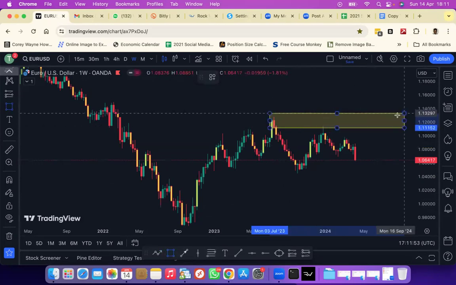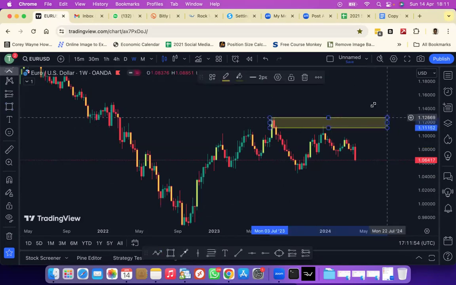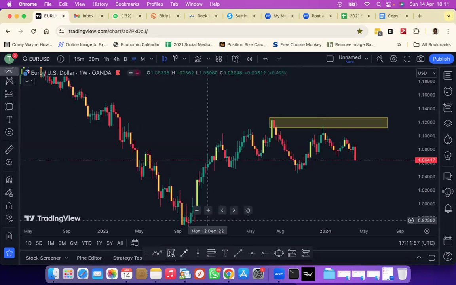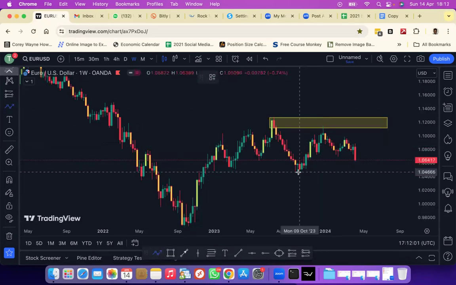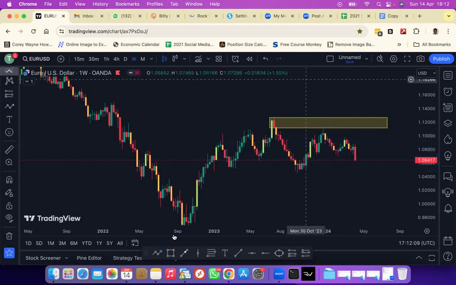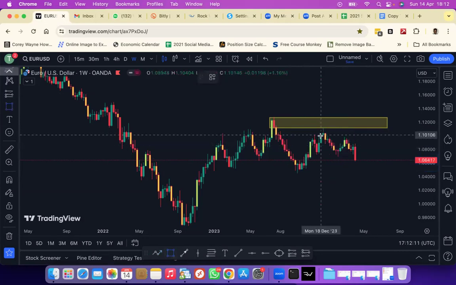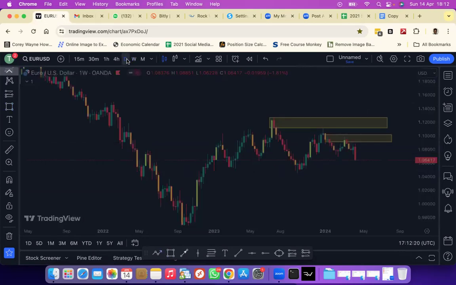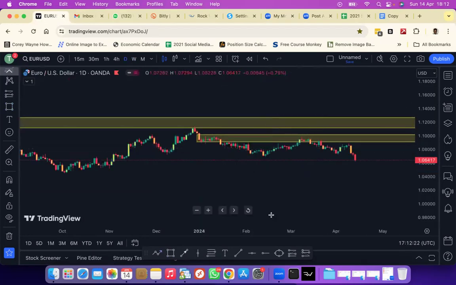On major structure, we have a bearish move, and on internal structure we are seeing the momentum shift from bullish to bearish as well. So this zone is the supply. The supply is in control on the weekly time frame.